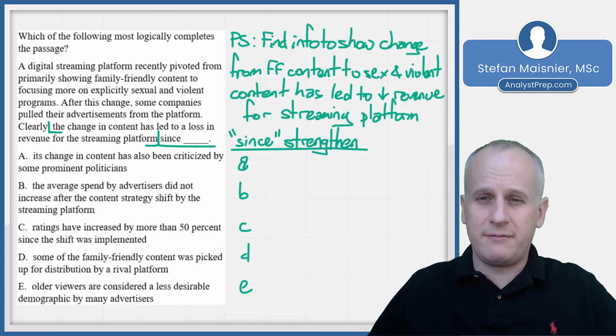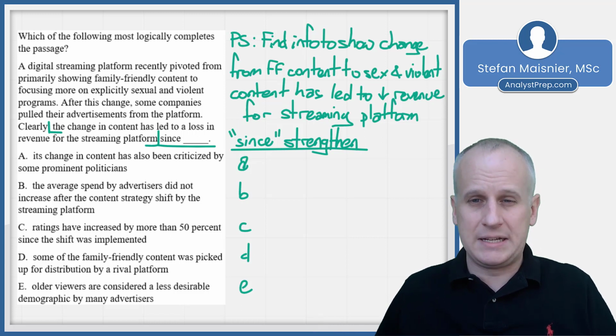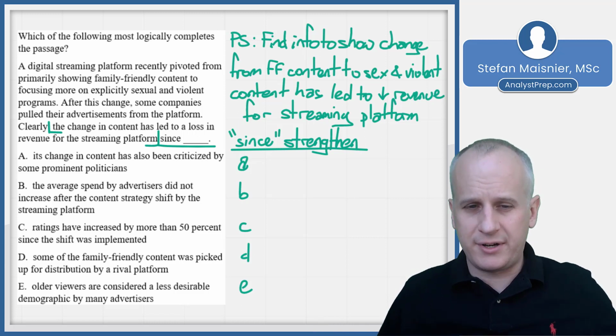And if you can't identify a clear common argument structure, this is all you do. You just say, okay, I need to find information to show that this conclusion did in fact happen, if I'm looking at a strengthen task.